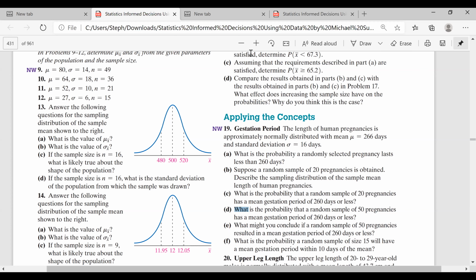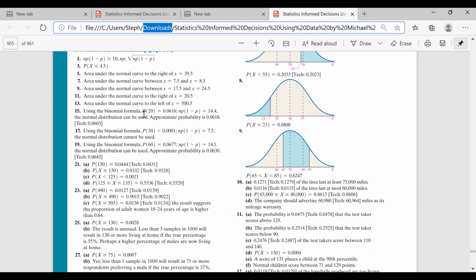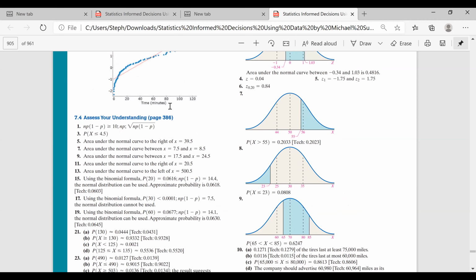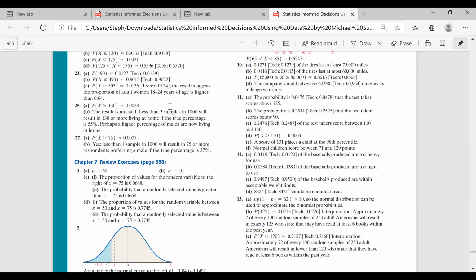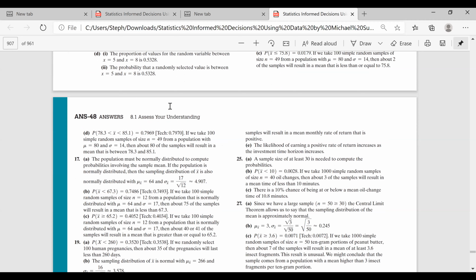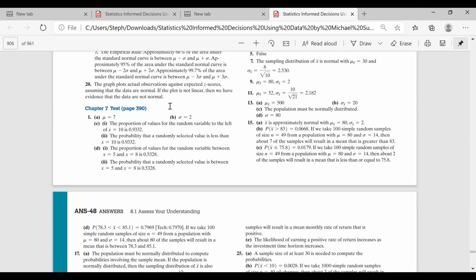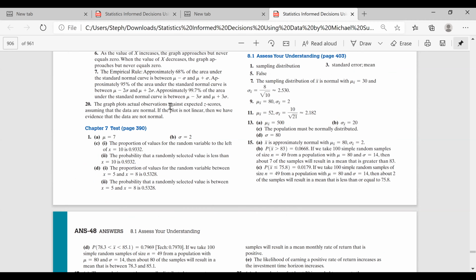Let's look at the back of the book. Okay. 500. The population must be normally distributed.